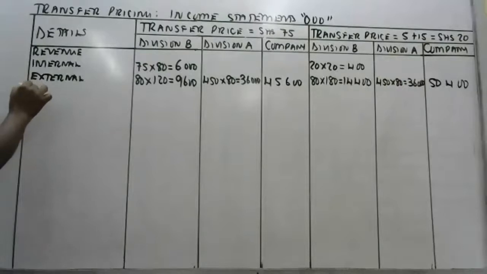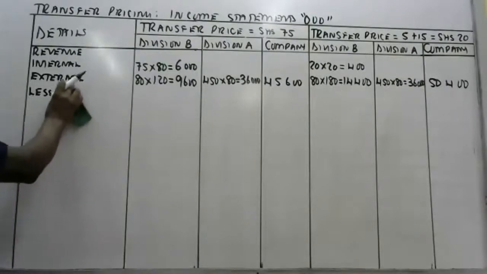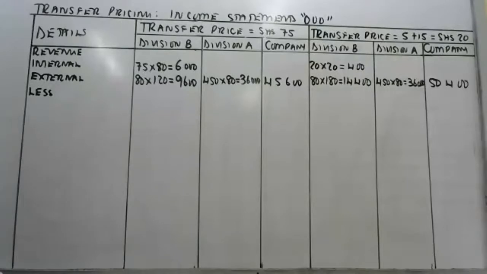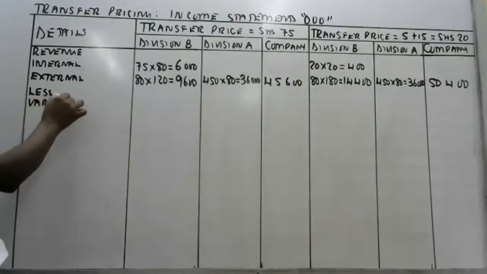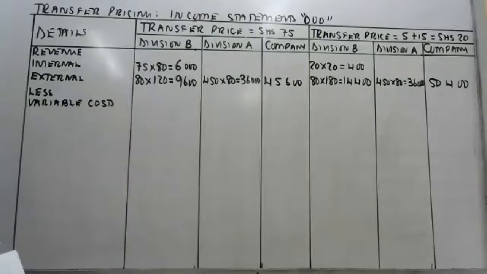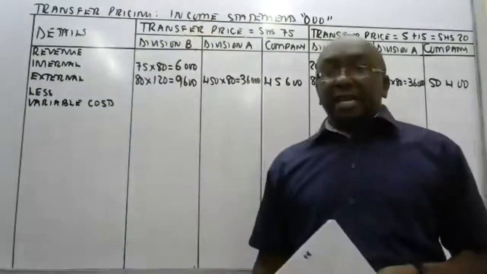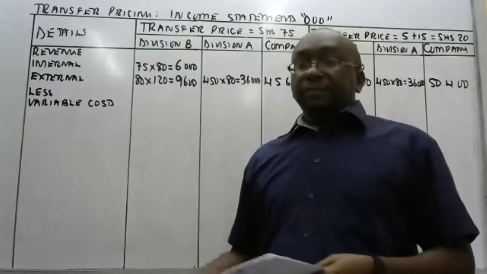So you'll say less variable, or we just give them as independent, because we also have the fixed. So we start with the variable costs. When you are in transfer pricing, there are two types of variable cost, or even three.